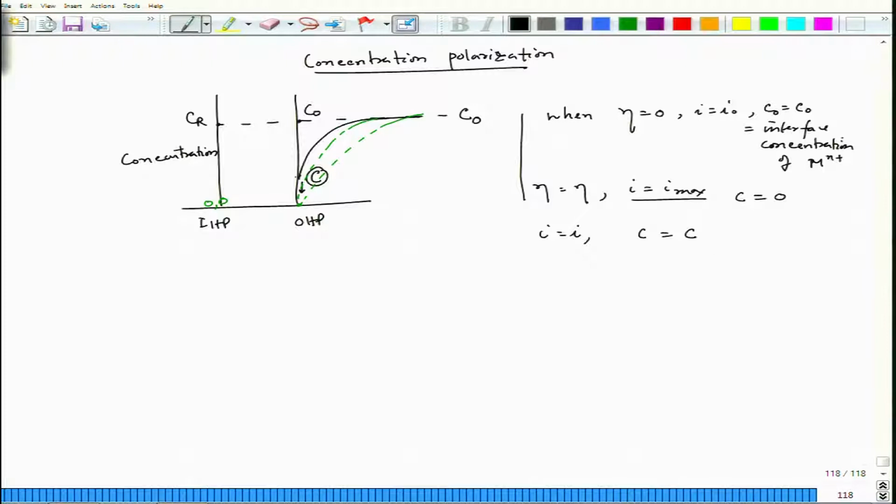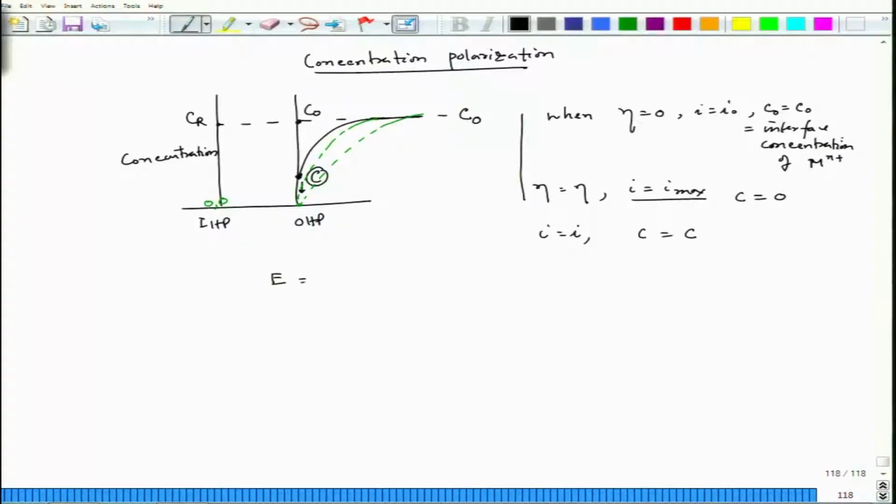Now, when this concentration is changing from this point to this point, I can apply equilibrium condition and find out the potential developed at the electrode because of this concentration change by applying the Nernst equation.